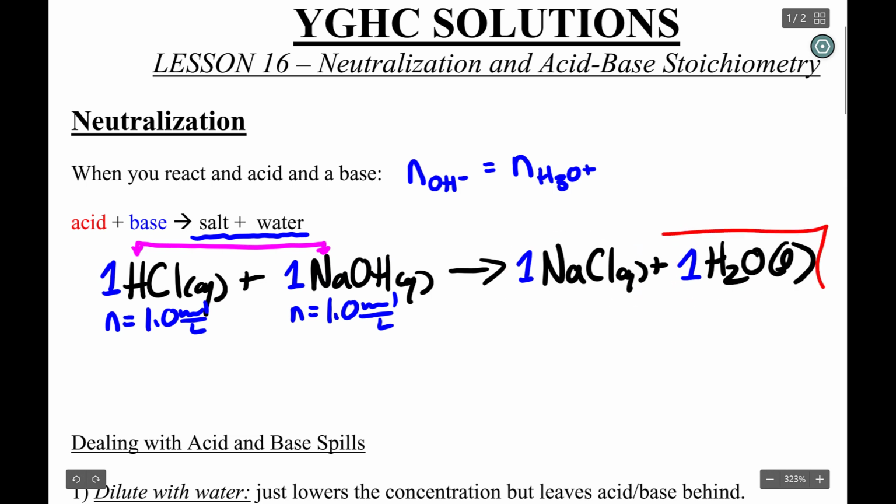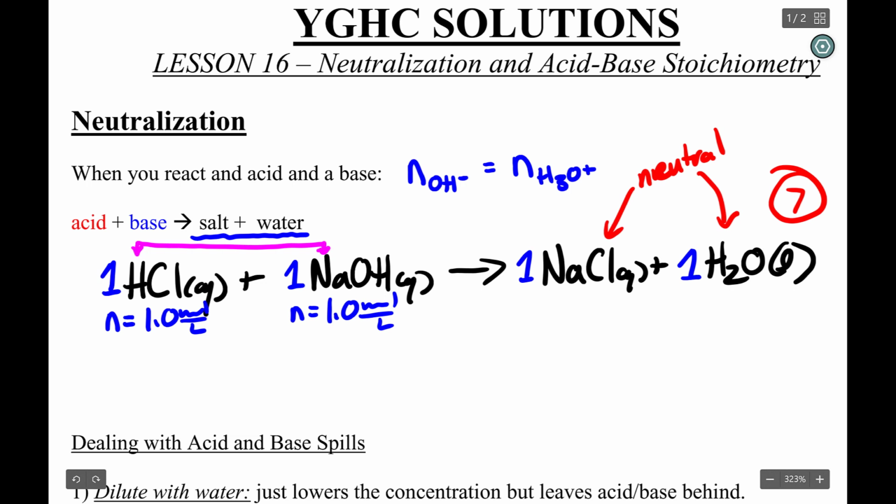We have learned in previous lessons that sodium chloride is neutral, and we also know that pure water is neutral. So the pH here would be 7, because all of these moles would convert into a concentration of 1 mole per liter sodium chloride. And the water really wouldn't have a concentration. It would now be part of the solvent.